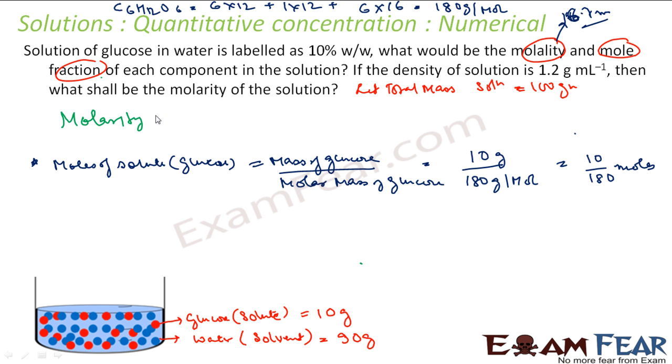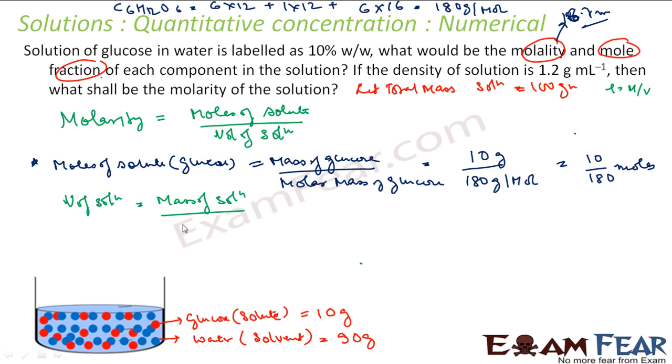Molarity of solution is nothing but moles of solute divided by volume of solution. Please note it's the volume of solution here. Moles of solute, that is glucose, we already know. Let's find the volume of solution. Density is mass by volume, so volume is nothing but mass of solution by density of solution.